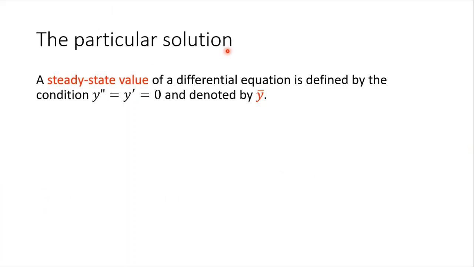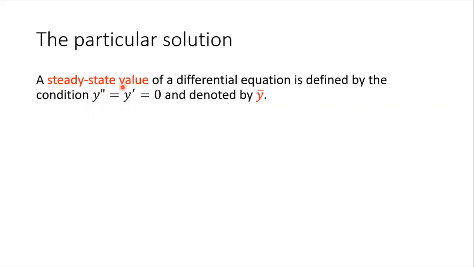What about the particular solution? Now a steady state value is a solution where y is stationary. In this case, we have both y prime and y double prime equal to 0.